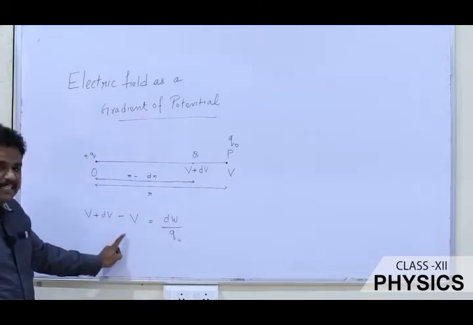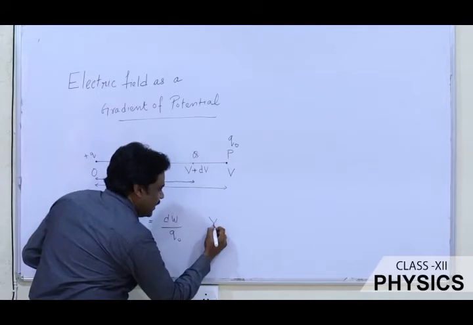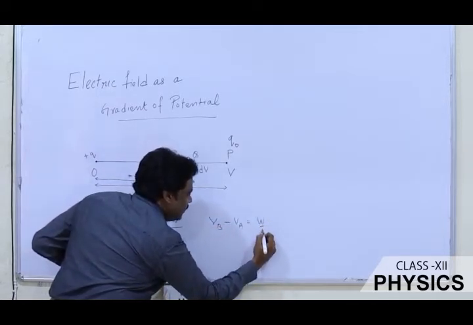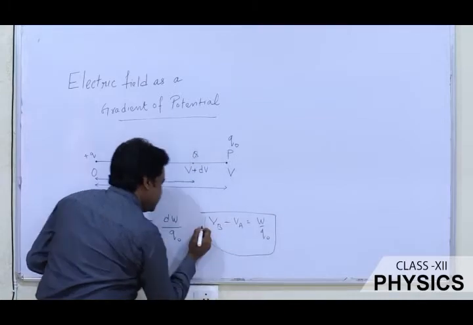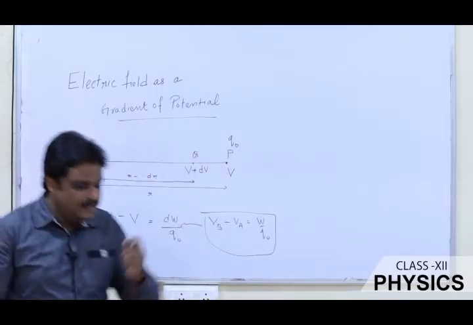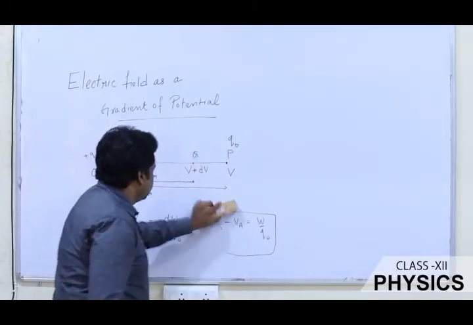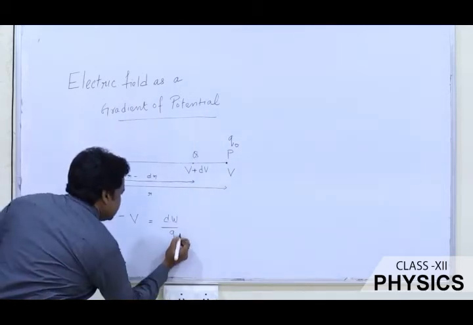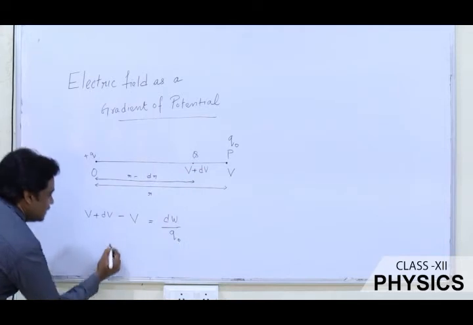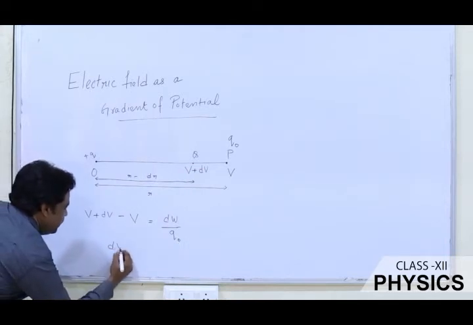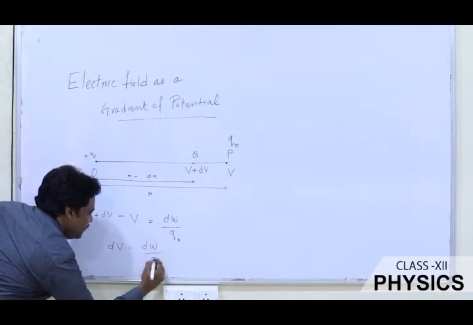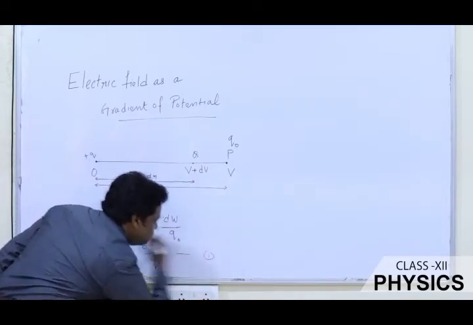I am writing this equation based on the formula VB minus VA is W by q naught. After simplifying, V and V cancel. So dV is equal to dW by q naught. Mark it as equation number 1.